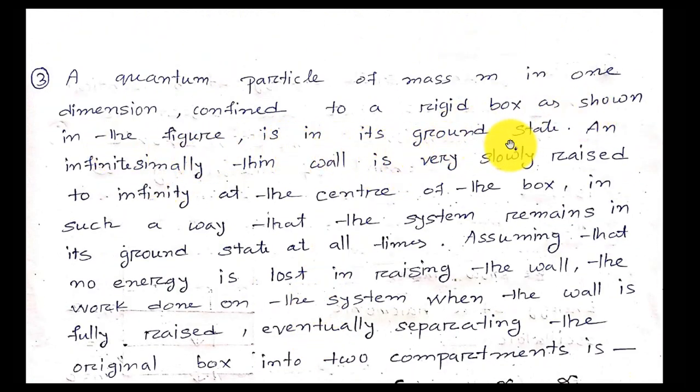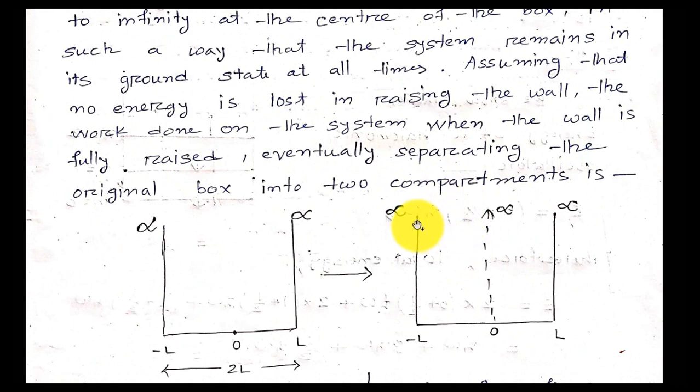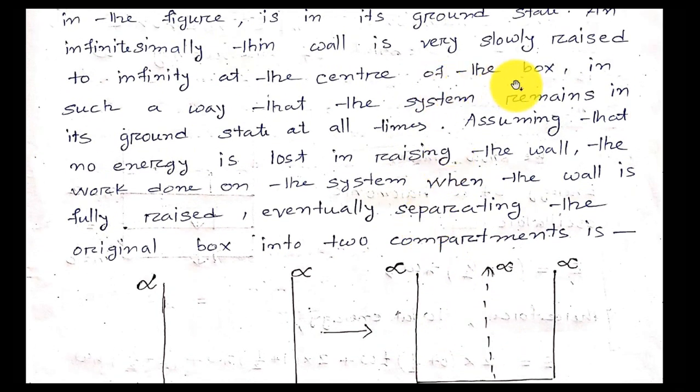The particle is in its ground state, and an infinitesimally thin wall is very slowly raised to infinity at the center of the box, in such a way that the system remains in its ground state at all times.